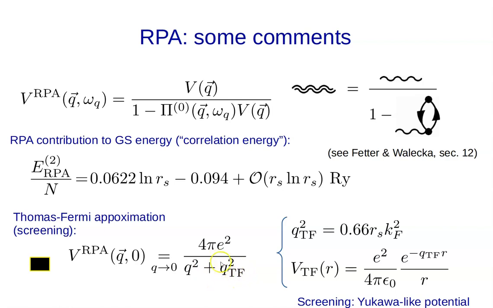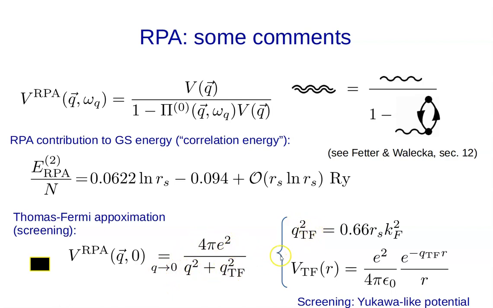As I mentioned, this gives you a cutoff in momentum space, so that when q goes to 0, this does not go to infinity but goes to a constant, 4 pi e squared divided by the Thomas-Fermi momentum squared. That regularizes the contributions coming from second order processes, and you don't have any more log divergences. The limit for q going to 0 is finite.